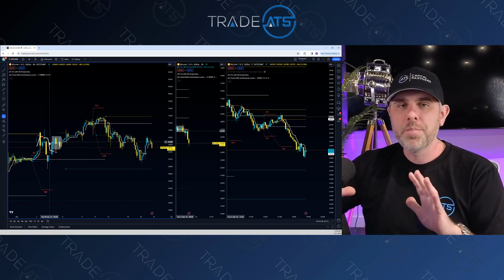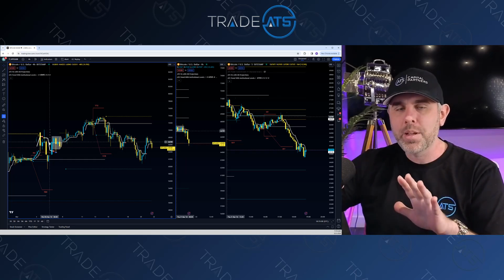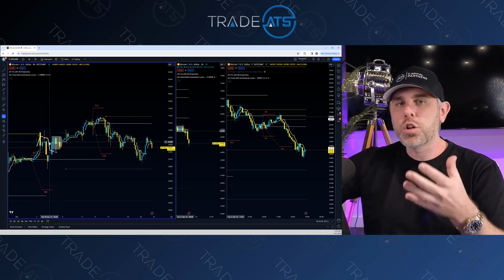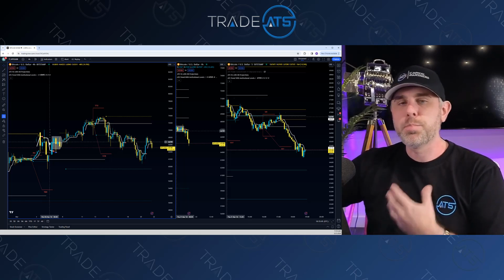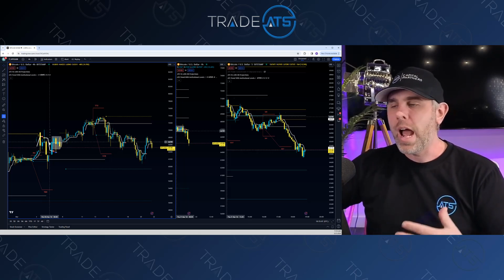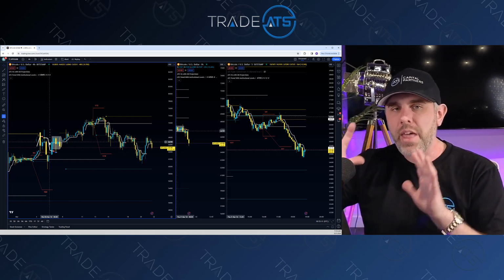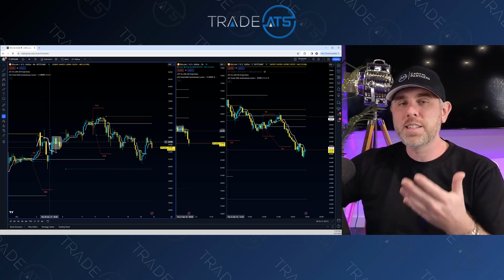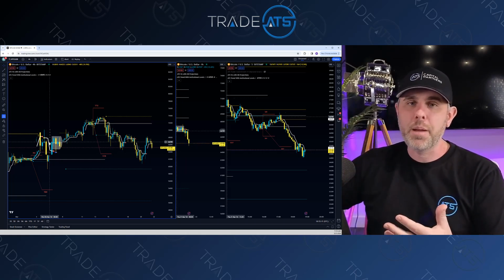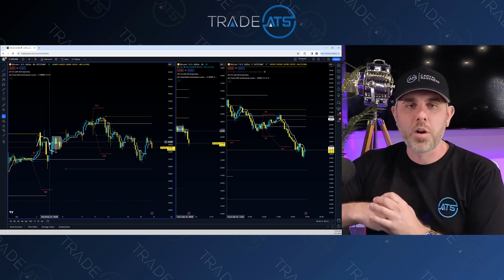All together, you have a map that you can follow that gives you clues as to where the next big move is going to be. So as you become a better ATS trader, you'll understand how to navigate that map, look at the clues it's telling you, and follow that map to the potential treasure that we're all seeking.